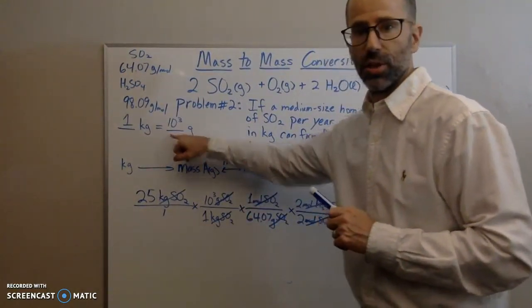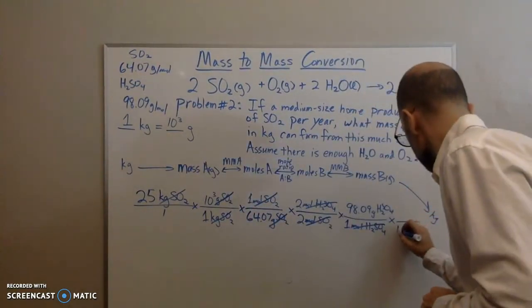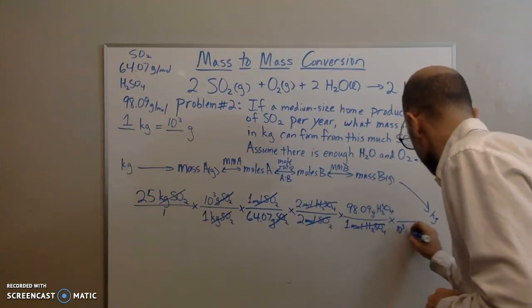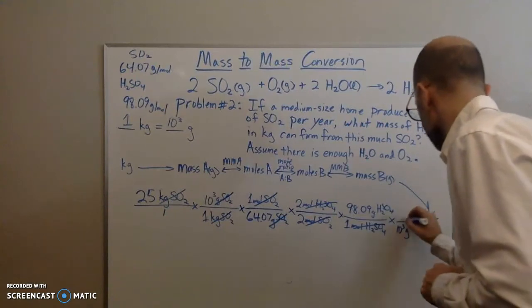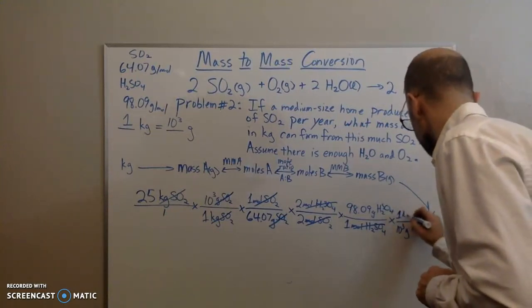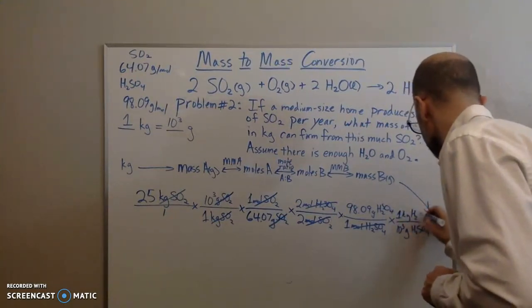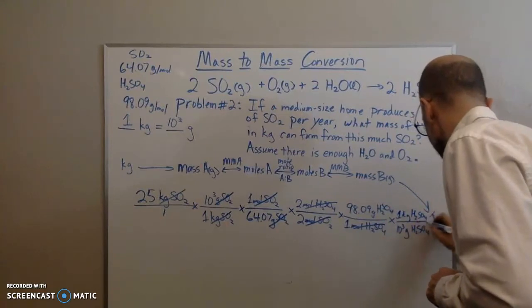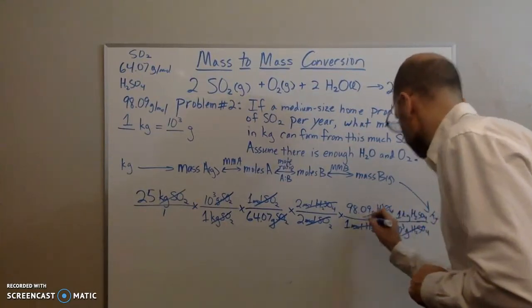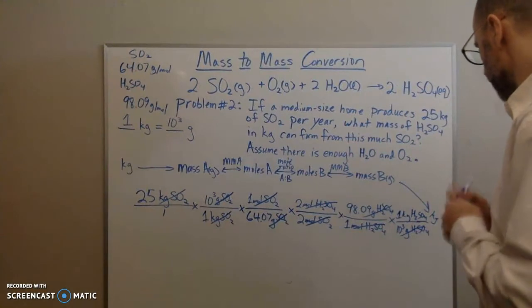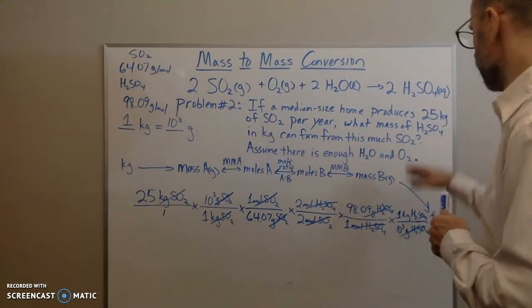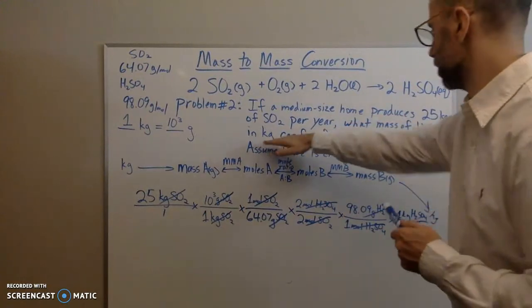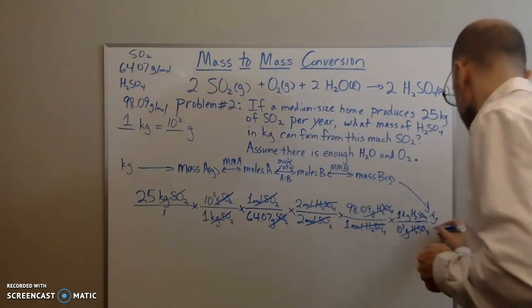So 10 to the 3 grams of H2SO4. And 1 kilogram of H2SO4 on the top. So grams of H2SO4 cancel out. Now I have kilograms of H2SO4. They want kilograms of H2SO4, so now I am done.